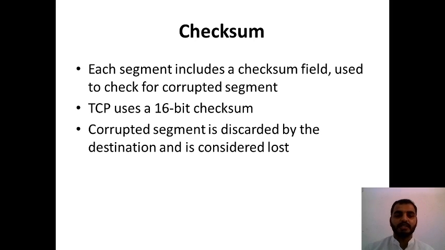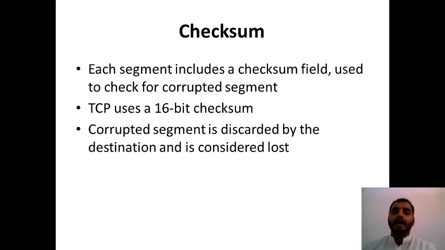Now what do you mean by checksum? Checksum means each segment includes a checksum field used to check the corrupted segment. Now the way I spoke, I made a mistake. The information that I am saying is being distorted in such a way you are not able to understand. So what I need to do? I need to say it again.